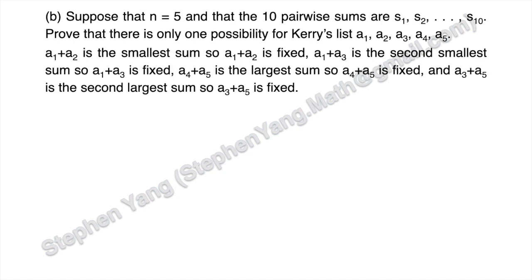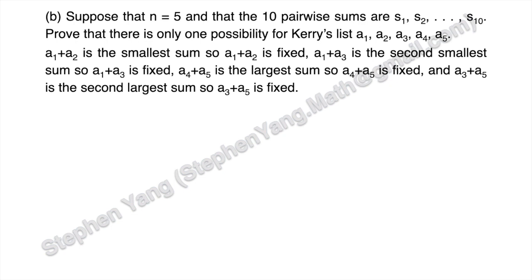Since we know that a1 plus a2 is the smallest sum among these 10 sums, we will know the value of a1 plus a2. And we also know that a1 plus a3 is the second smallest sum, so a1 plus a3's value is also fixed.